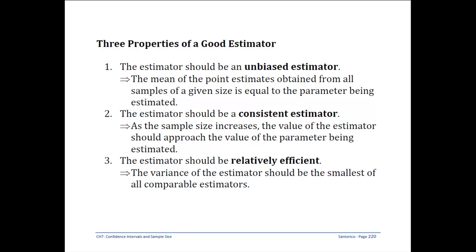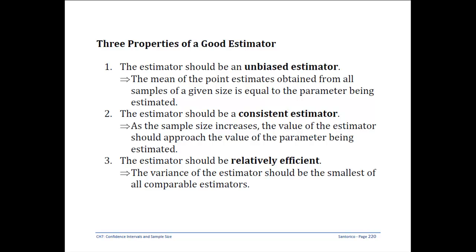If I look at x bar, then my expectation over all possible samples is actually going to be mu, so we're estimating the right thing. Another thing that we like is for it to be consistent. That means that as our sample size gets bigger and bigger, our estimator gives us an estimate that's getting closer and closer to the parameter we're estimating, so we're less likely to be far off as our sample size gets bigger.